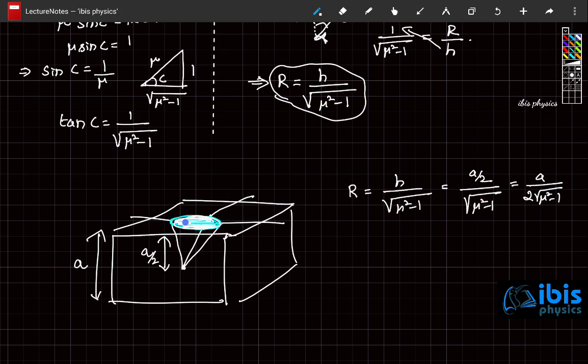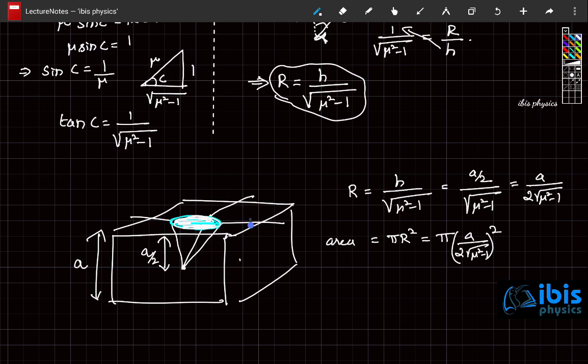But we are supposed to find the area to be covered. This is a circular area, so the area to be covered equals pi r square. That means pi into the r value squared, so pi times a by 2 root of mu square minus 1 whole squared. Hence, this is the area to be covered in one of the faces.